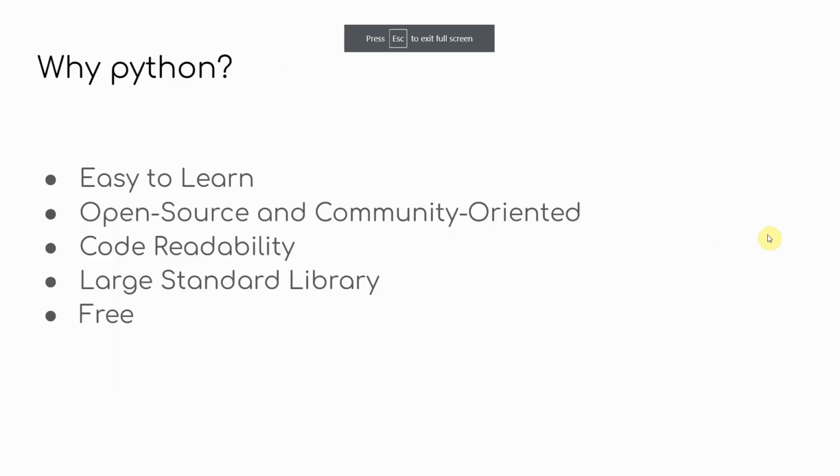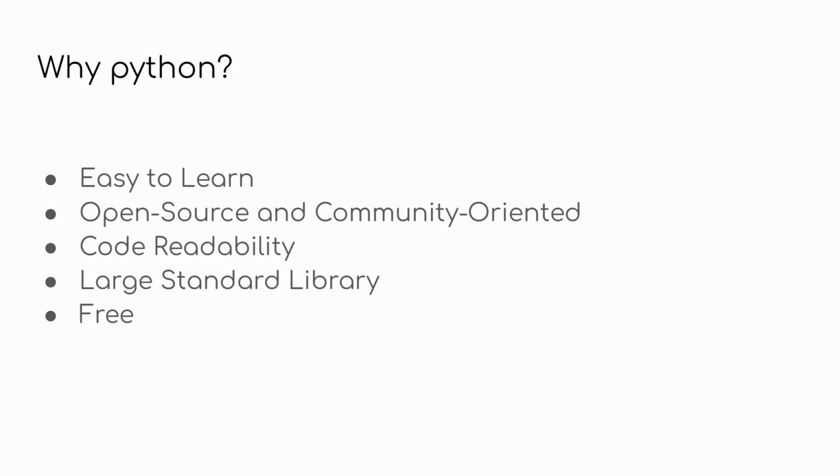Now, why do we want to learn Python? There are a lot of programming languages out there, but why do we choose Python? For beginners, Python is the go-to programming language because it's pretty easy to learn. It's pretty close to human language, so you can actually understand it, and it also has a community.